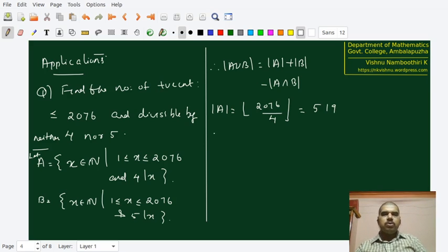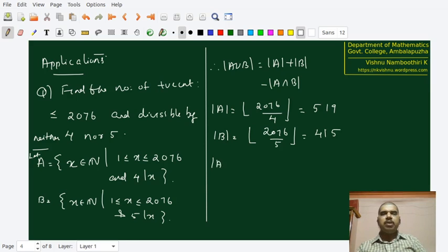And now the number of elements in B is going to be the floor of 2076 by 5, and that's equal to 415. So we have the cardinality of B, and we have the cardinality of A.